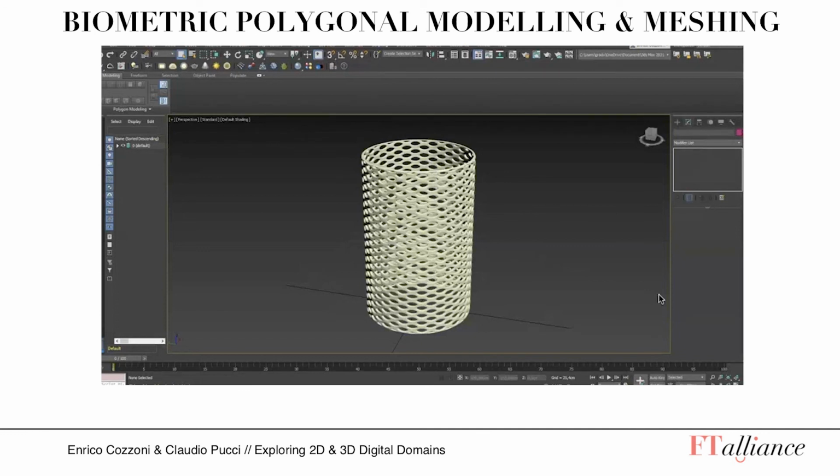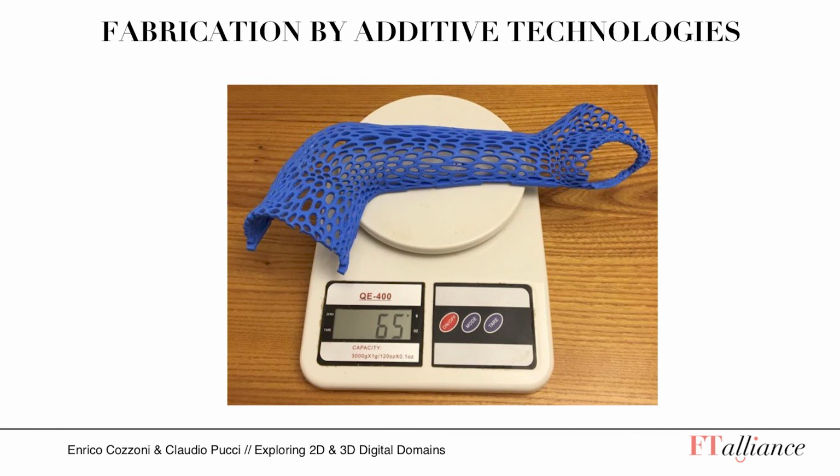So these tools, biometric polygonal modeling and meshing, give you a huge possibility to work and play for generating geometries that can represent wearable interfaces. I guess this is finished. Okay. This is an example of geometry that you can generate and print in a way that you have a wearable interface.